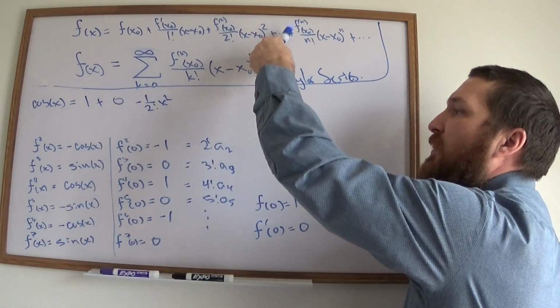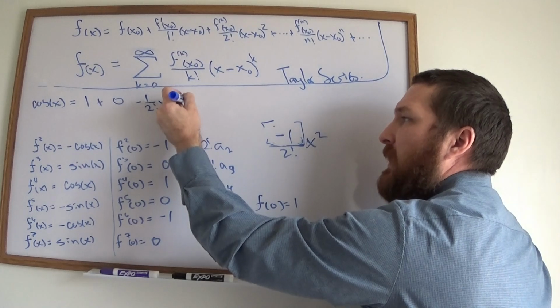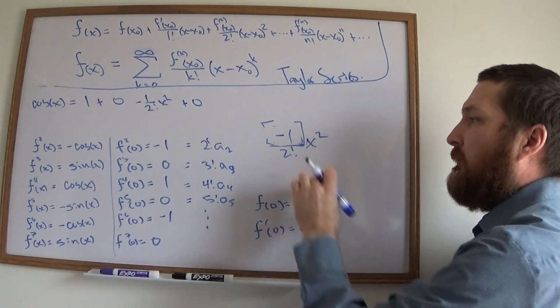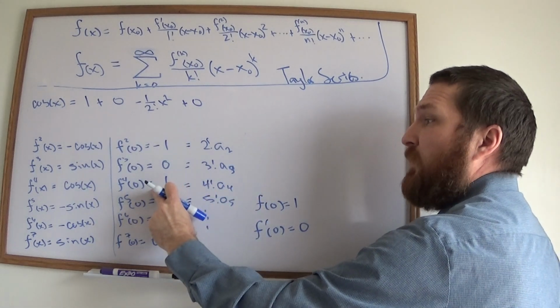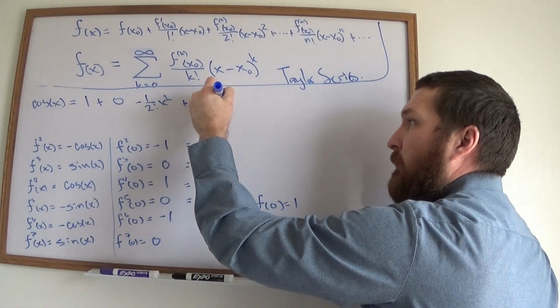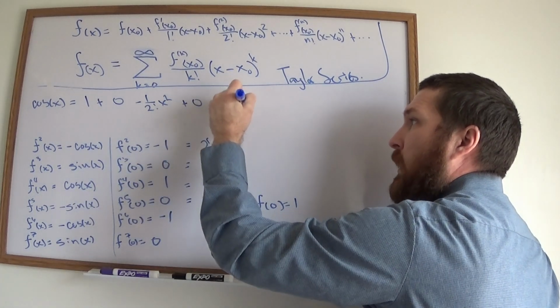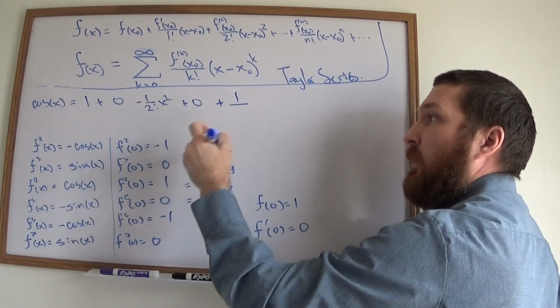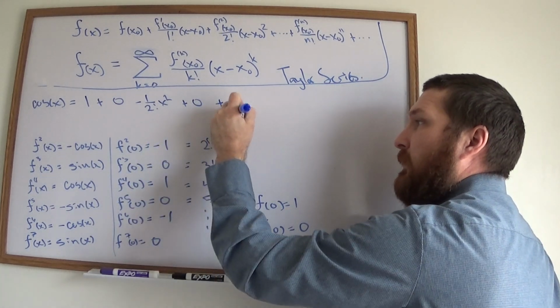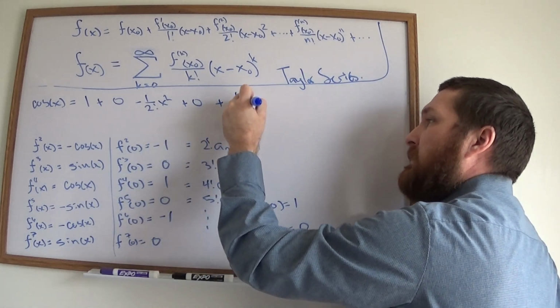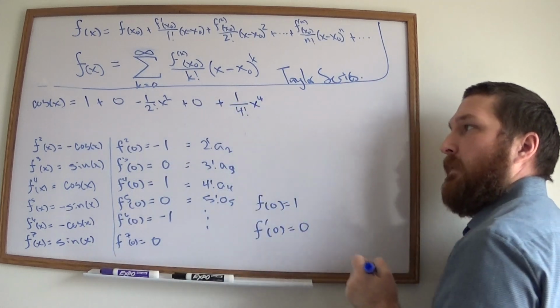Now for the third one, we get a 0, so plus 0. For the fourth one, we have plus 1 over 4 factorial times x minus 0 to the fourth.